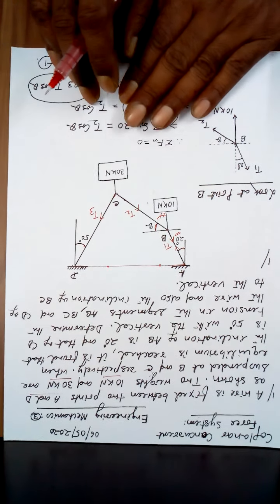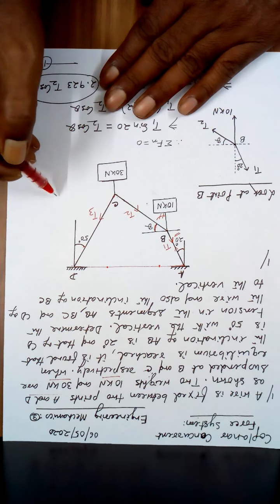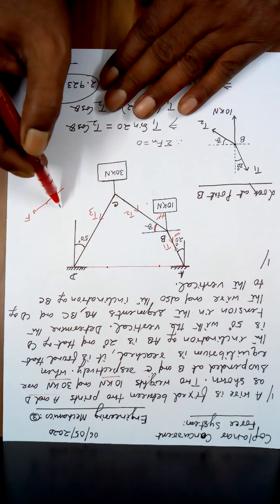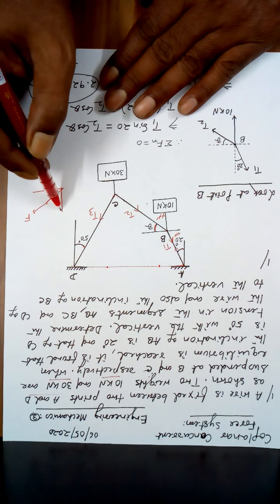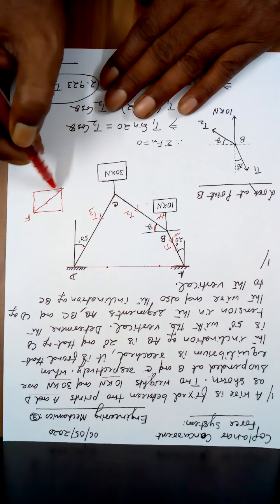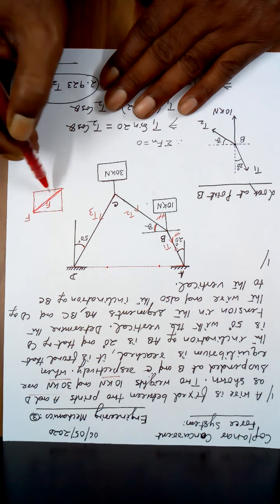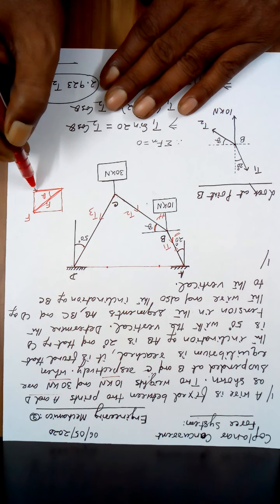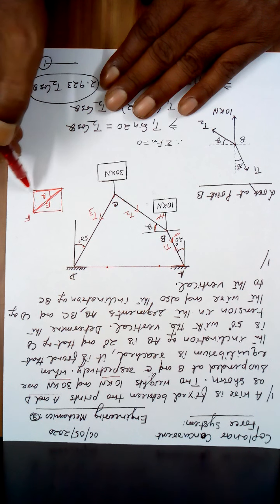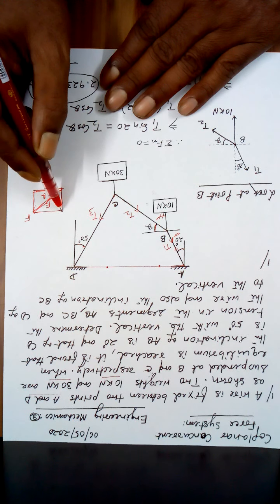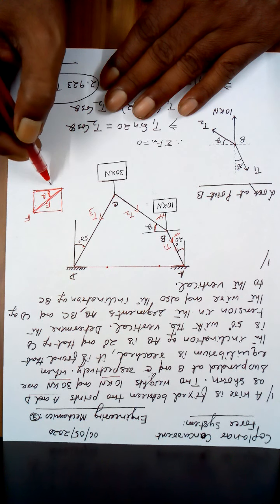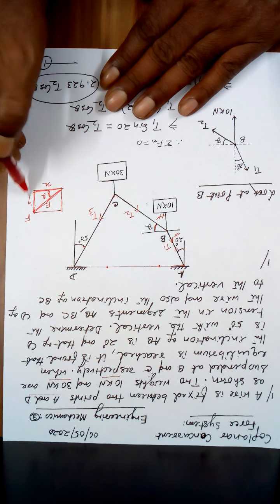And you know how to resolve a vector, a force. If this is a force F, and this angle is theta, this part is your horizontal component and this part is the vertical component. Let this be the x part and this the y part.